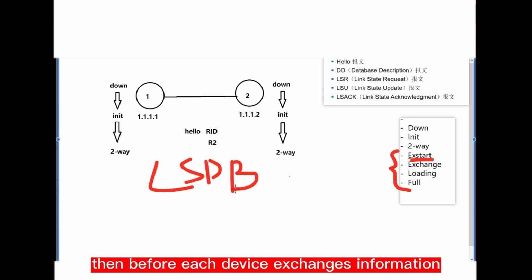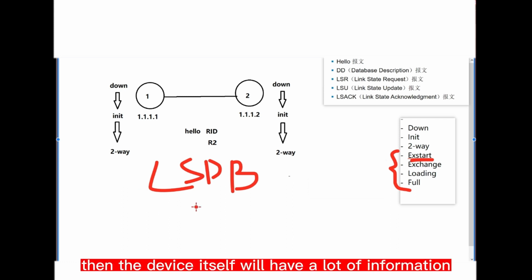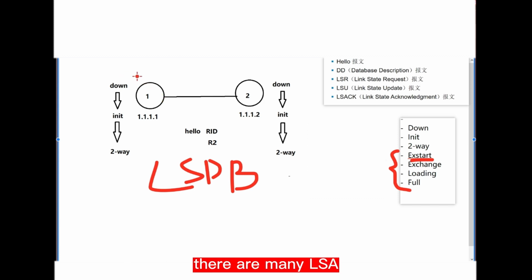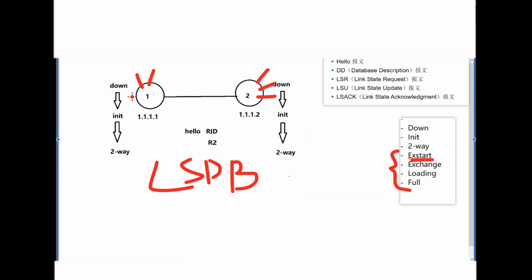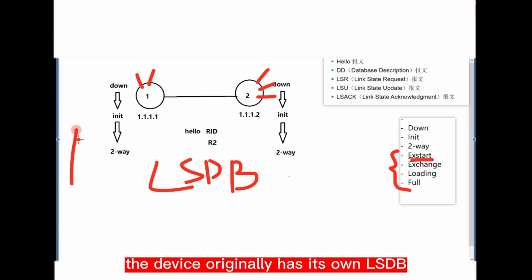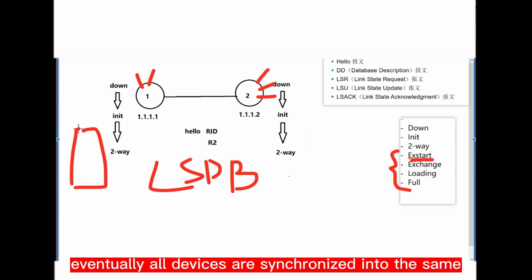Before each device exchanges information, the device itself already has a lot of information, many LSAs. They have their own generated LSAs, and locally has its own LSDB. Eventually all devices are synchronized into the same one.